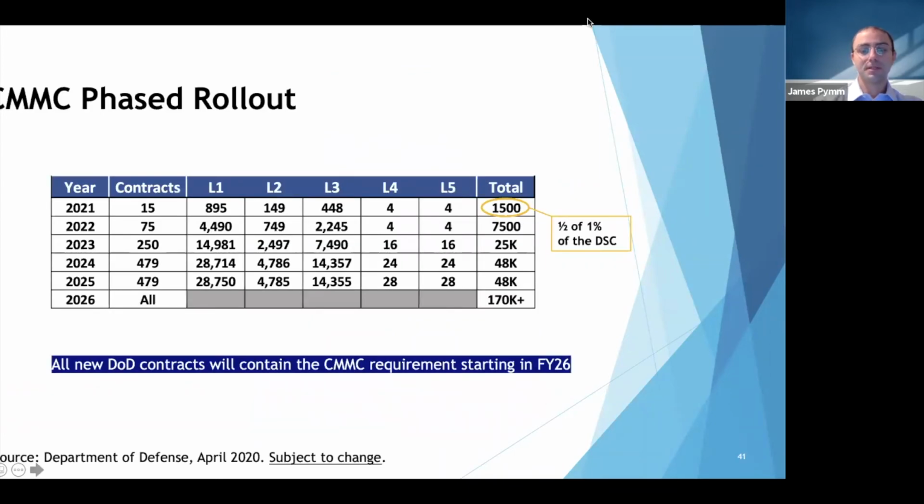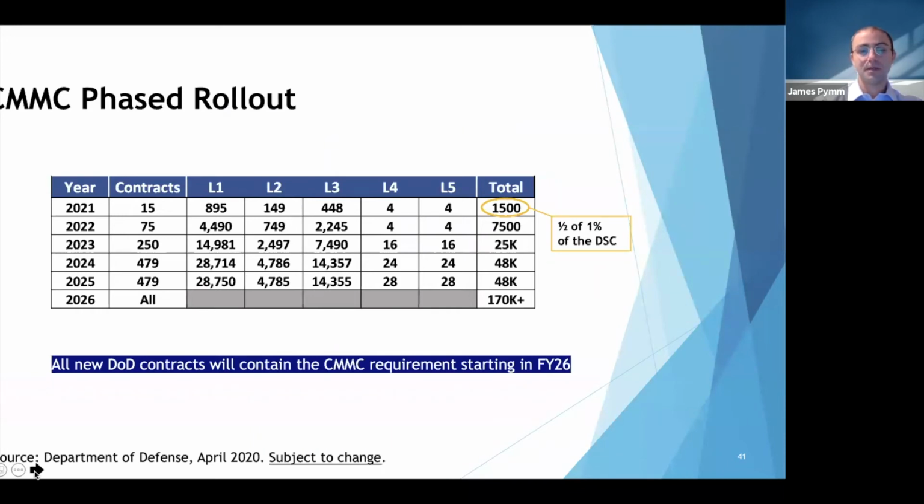So the DoD released this graphic in spring 2020. This is the depiction of what Harry talked about with the crawl, walk, run. So in 2021, they said that no more than 15 contracts would have the CMMC requirement in it. Now, that being said, it's only 15 contracts, but as you can see, their graphic shows that they expect this would impact up to 1,500 vendors.